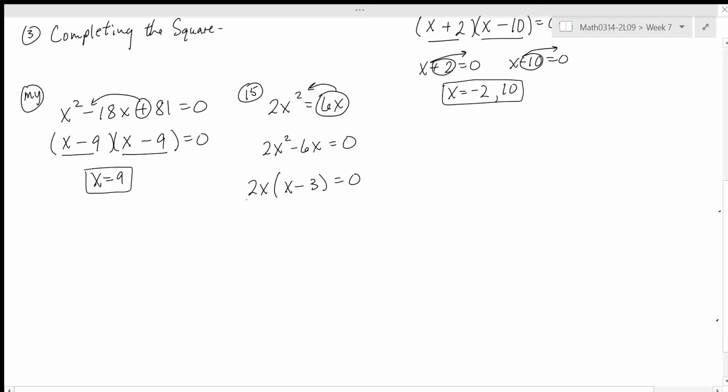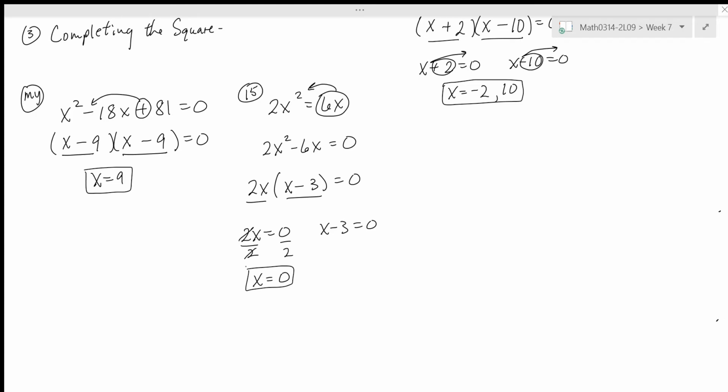And now that it's factored, I can set each factor equal to 0. And for the first factor, we're going to have to divide by 2. And what is 0 divided by anything? 0. And y'all know that's not really true. There is one number you cannot divide 0 by.